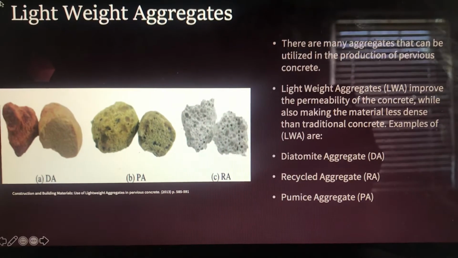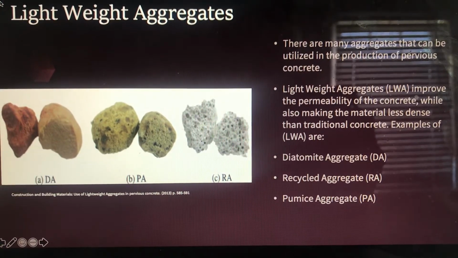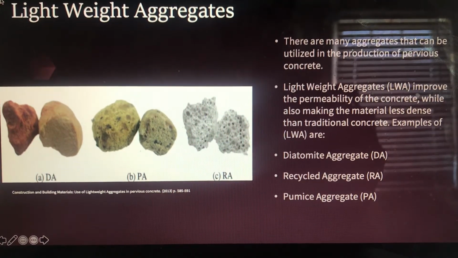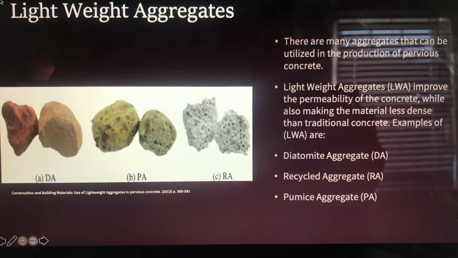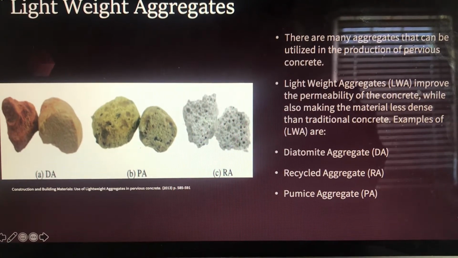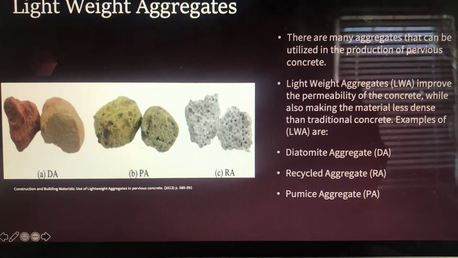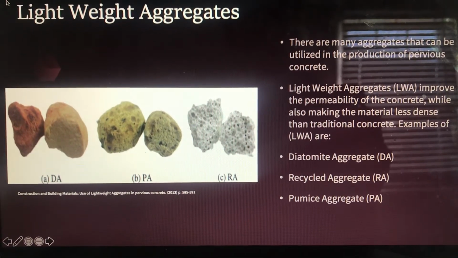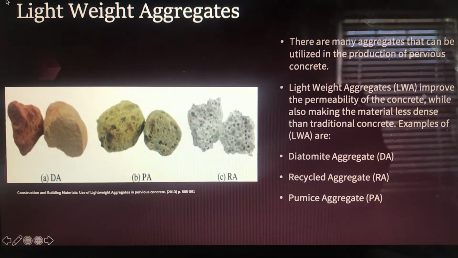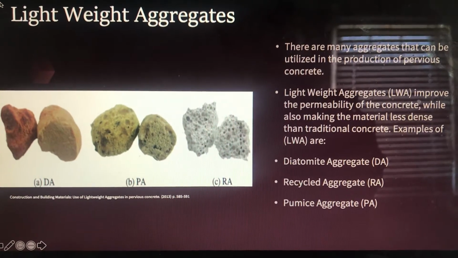Lightweight aggregates are a huge deal when considering what kind of pervious concrete you want to employ in your project. There's a few that I studied in particular: diatomite aggregate, the recycled aggregate, and the pumice aggregate. These different aggregates provide less dense means of still having pervious concrete, so they provide good compressive strength, tensile strength, and toughness while allowing for a less dense material.